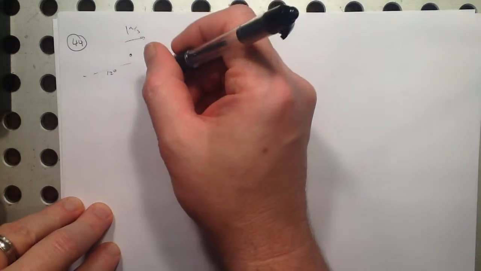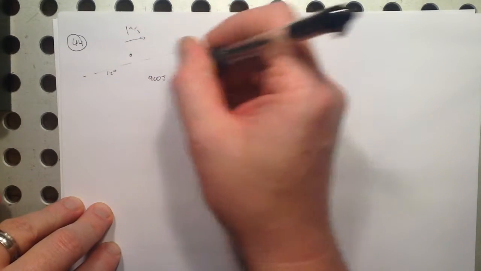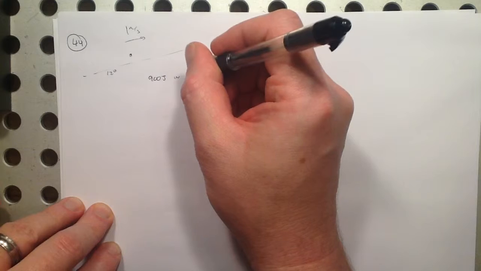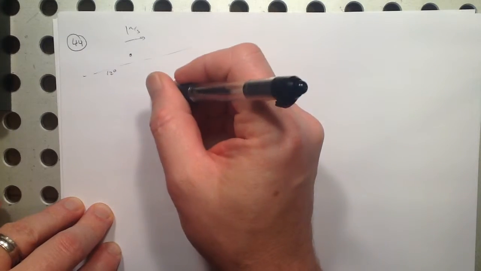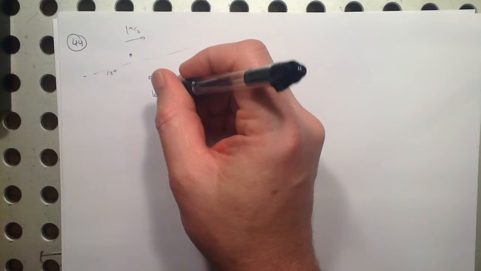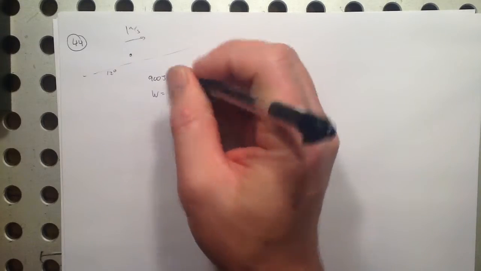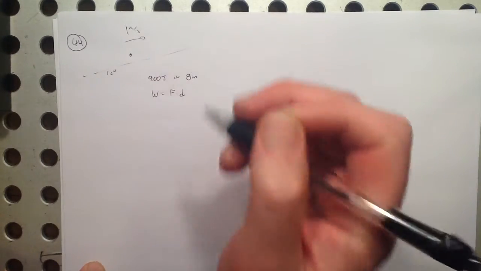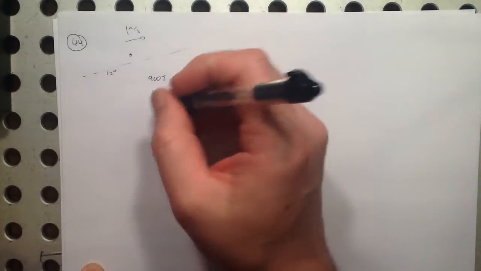The force of the rope does 900 joules of work on the skier as the skier moves a distance of 8 meters up the incline. So we have 900 joules of work in 8 meters. And since work is equal to force times distance, and it's parallel to the slope, they are in fact in the same direction.